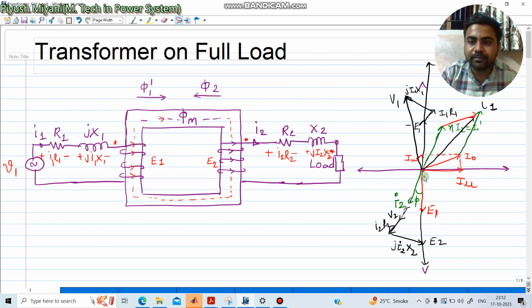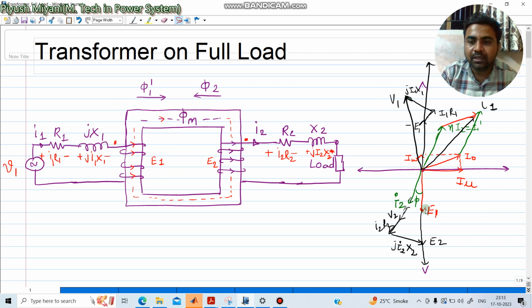Now if it is a step up transformer, then E1 would be smaller than E2. So E2 is higher than E1 in a step up transformer. E1 and E2, as I told you, will be 180 degrees out of phase with respect to voltage V1.